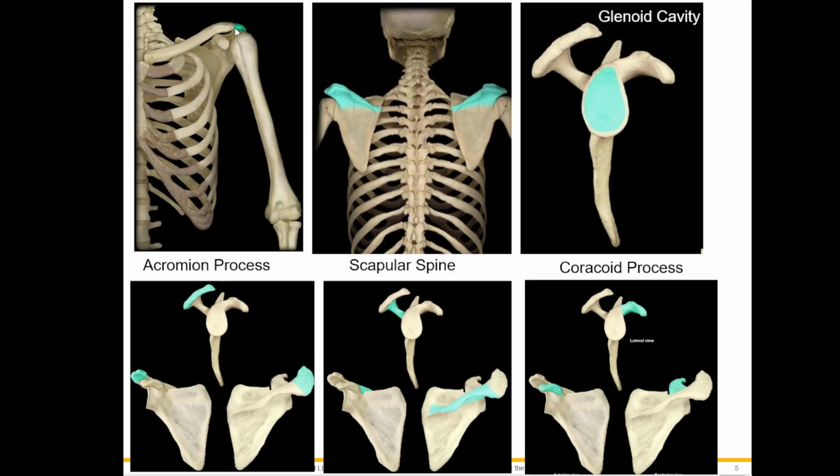So again, we have the acromion process, where the clavicle would attach. At the back, we have the scapular spine. We have the glenoid cavity or glenoid fossa, and we also have other pictures of the acromion process here, the scapular spine, and the coracoid process. Again, when you see the word process, it means protrusion.